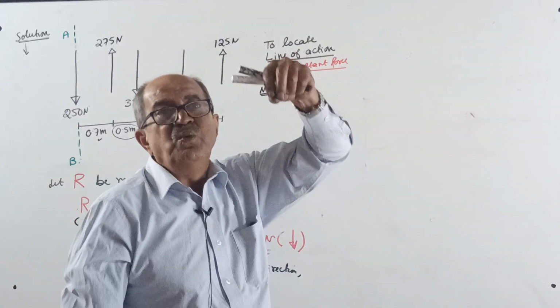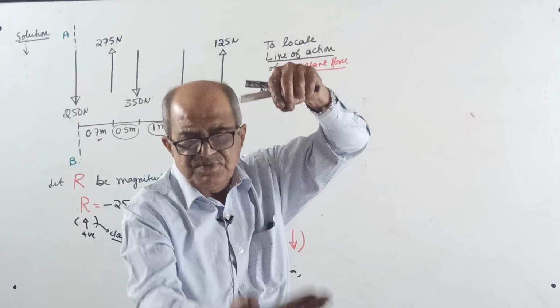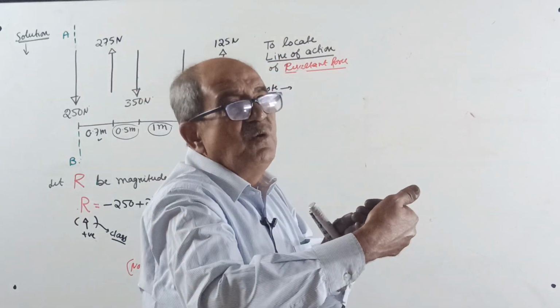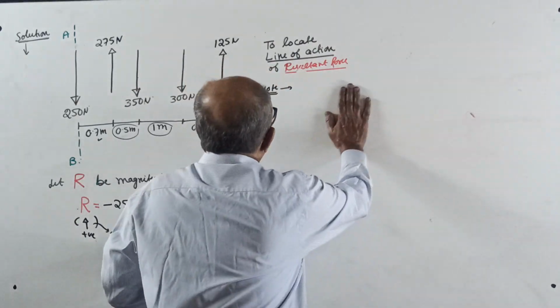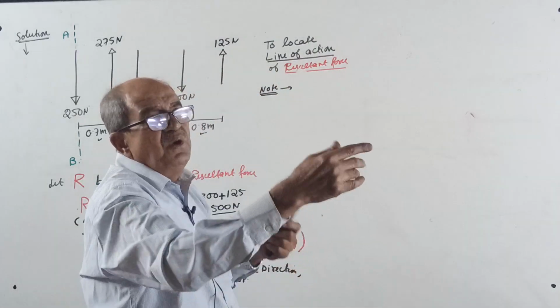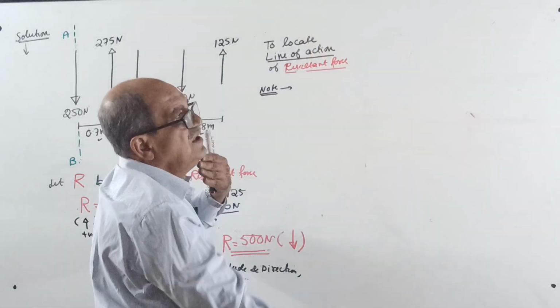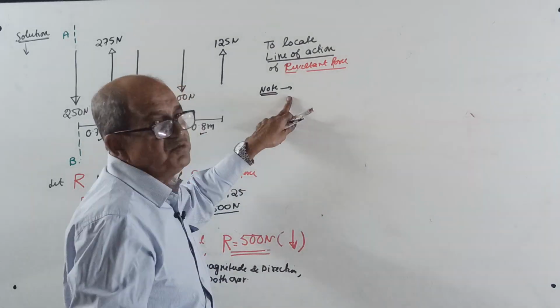Where I am height-wise, vertically, is from the horizontal floor. Where I am standing this way, horizontally, is from a vertical floor, a vertical wall. Therefore, make a note: when a vertical force is there, you require a horizontal distance. Okay, note all this.